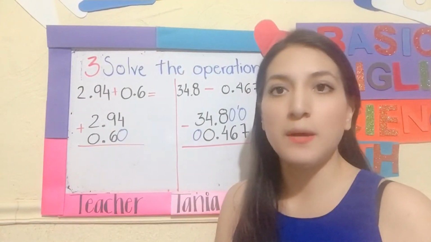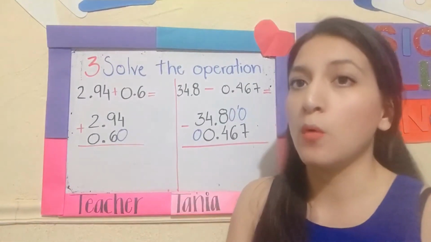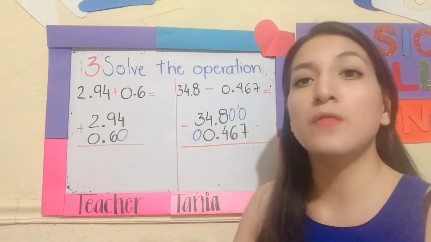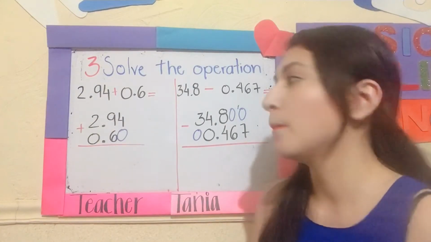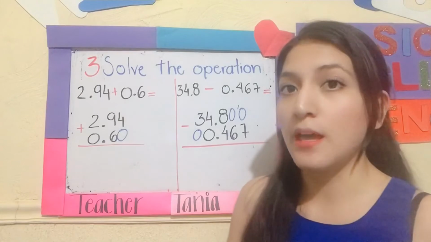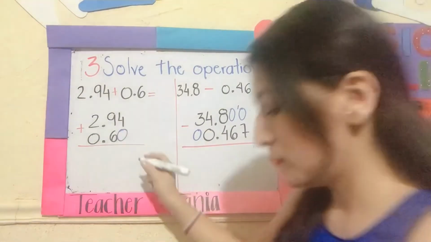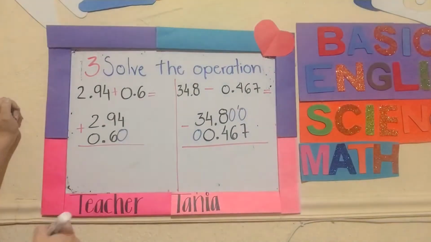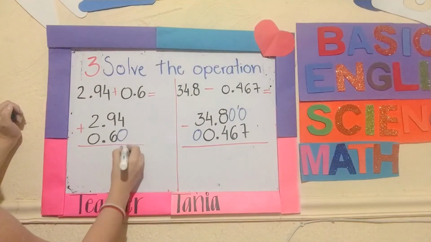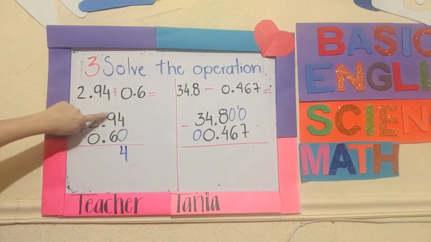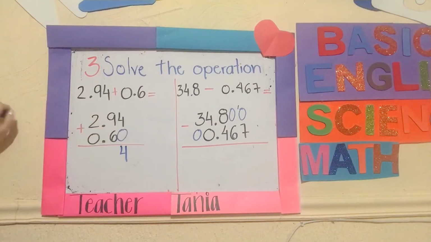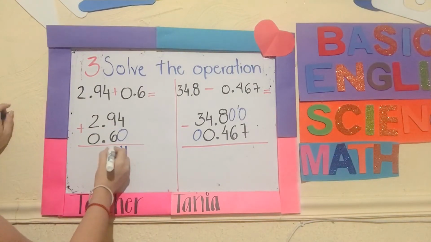And the last step, it's the much easier of the all three. You just have to solve the operation as usual. Let's begin with the addition. 4 plus 0 equals 4. 9 plus 6 equals 15.